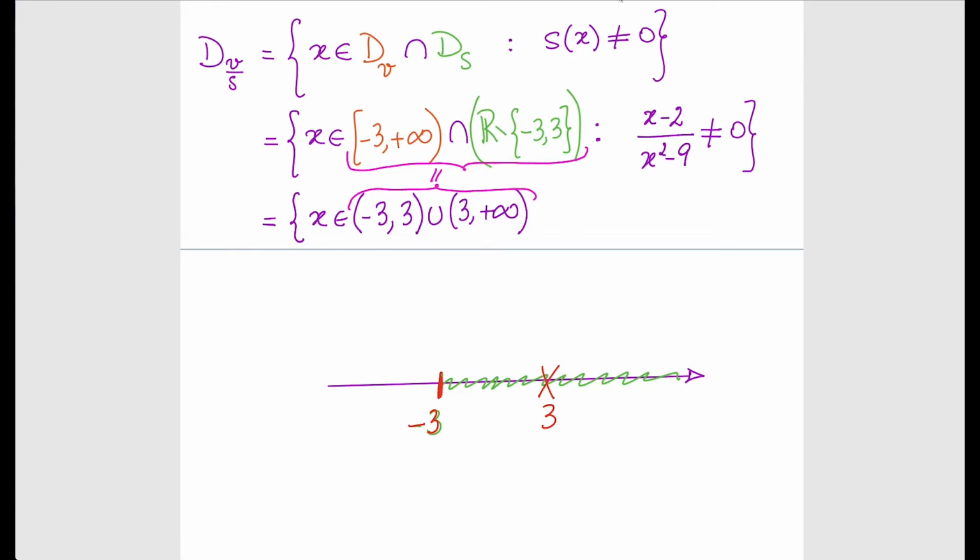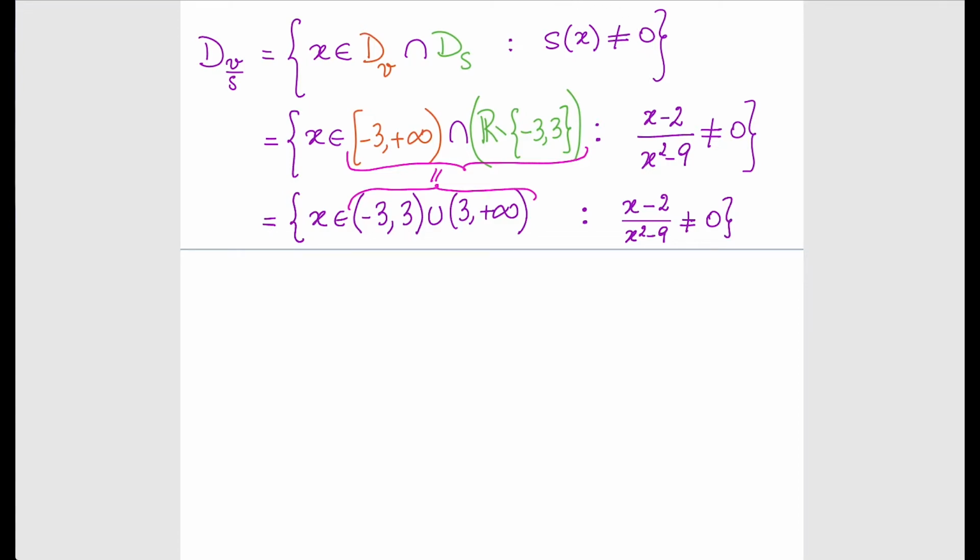Okay. Alright, so let's erase that. Such that x minus 2 over x squared minus 9 should not be 0. Okay?